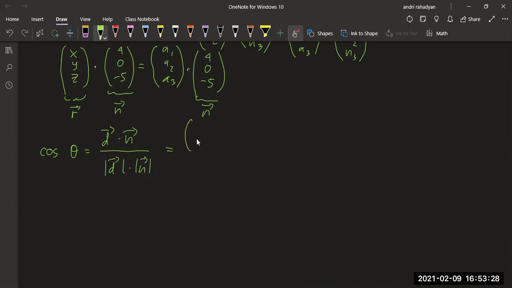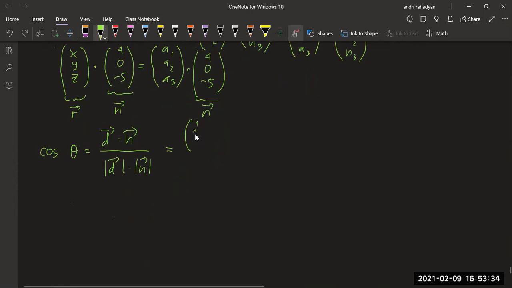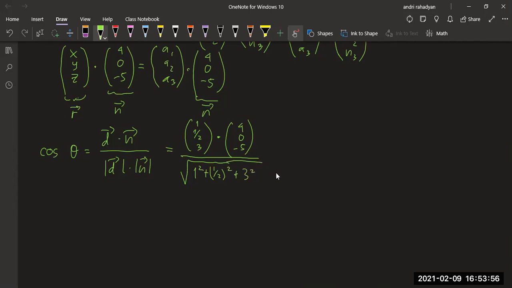What is d? d is 1, 1/2, 3, dot 4, 0, minus 5, over the square root of 1 squared plus 1/2 squared plus 3 squared, times the square root of 4 squared plus 0 squared plus minus 5 squared.